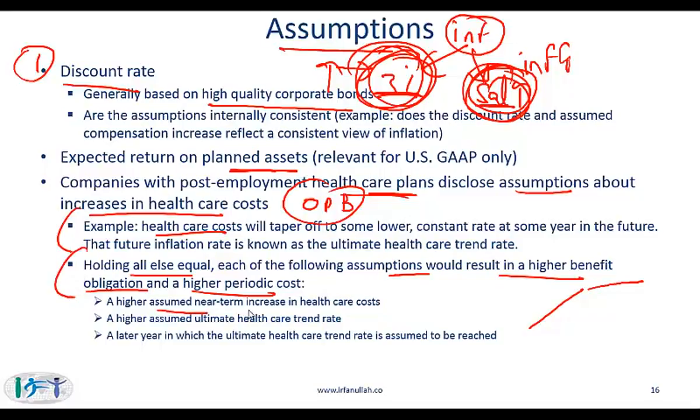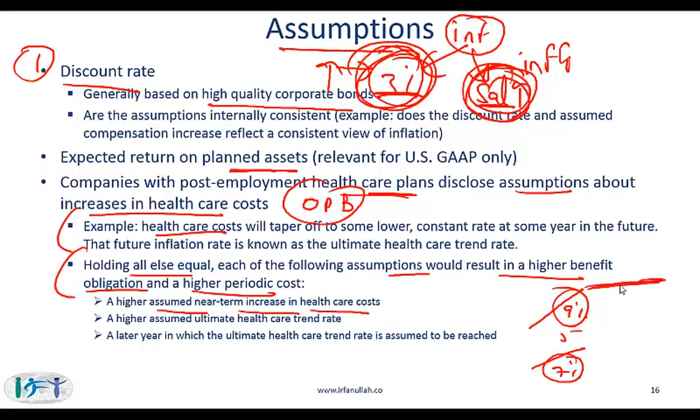A higher assumed near-term increase in healthcare costs. If you are comparing two companies and one assumes that healthcare costs go up at 9% over the next 5 years, and another company assumes that healthcare costs will go up at 7% over the same period, then you need to be careful, because simply by making a different assumption, they are changing the value of the pension obligation.